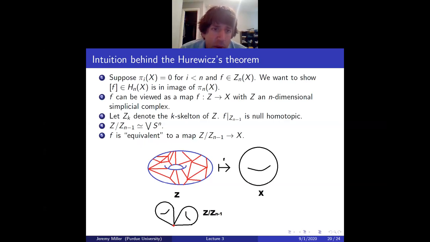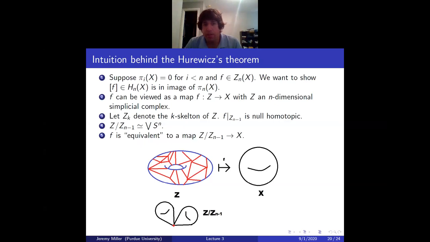So we're going to suppose that the homotopy groups of some space vanish in degree less than n, and we're going to take this homology class in degree n, and one of the things the Hurewicz theorem tells us is that this is in the image of pi n.